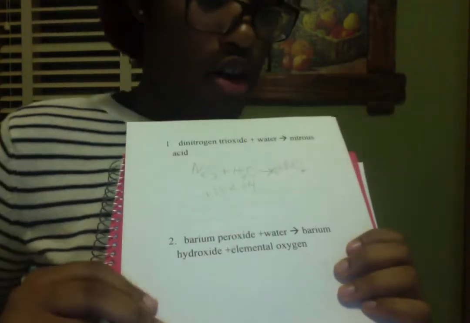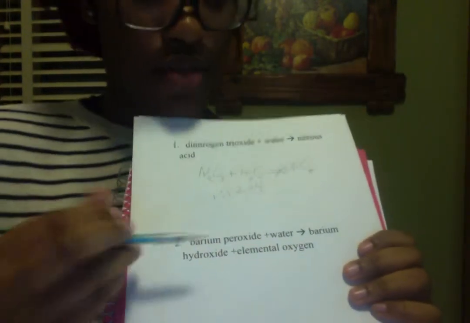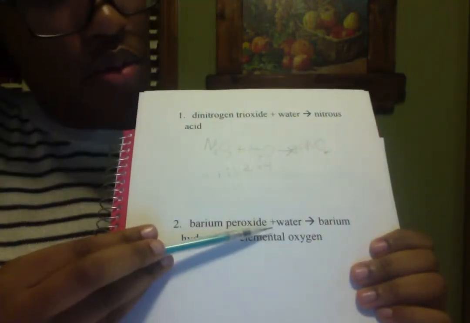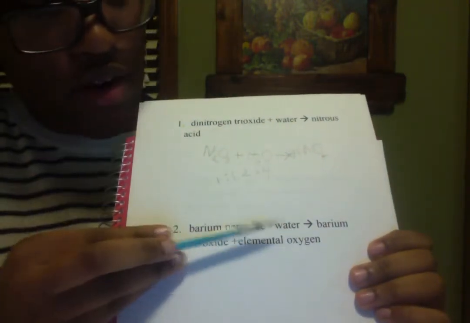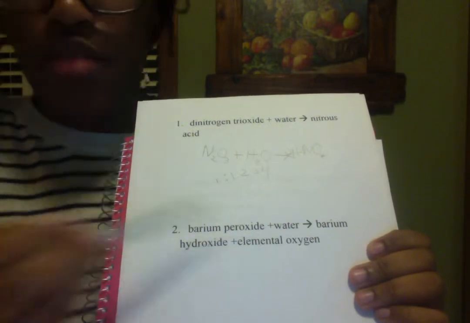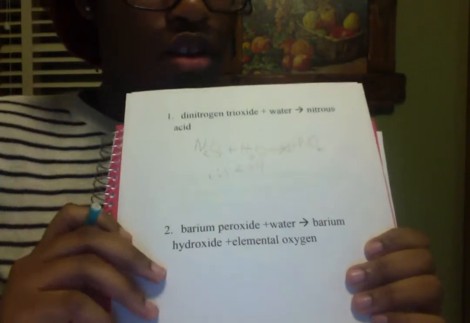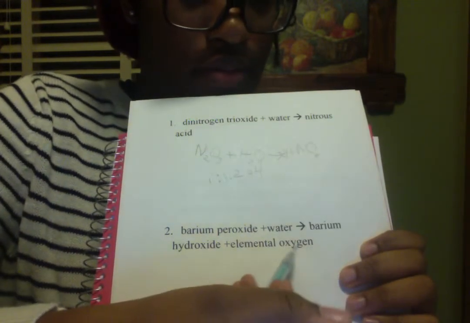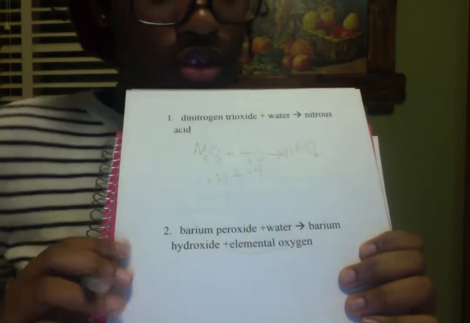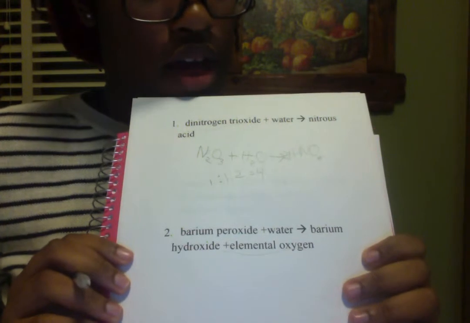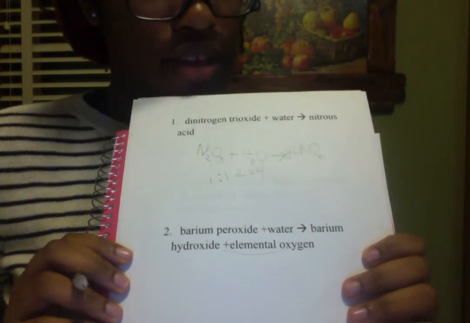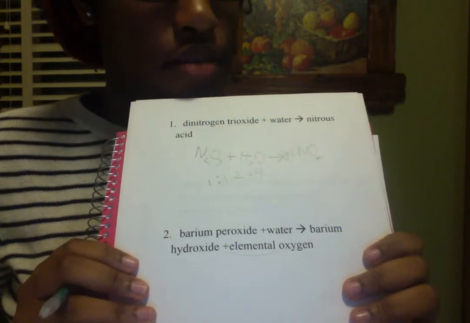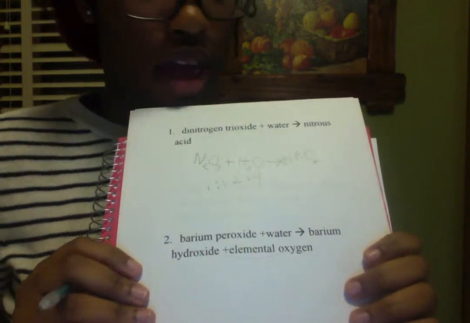On our next equation, the written equation says barium peroxide plus water yields barium hydroxide plus elemental oxygen. One thing you want to note in this chapter is that you want to memorize all the diatomic molecules, because each diatomic is going to have 2 of that atom, and it doesn't have a charge.